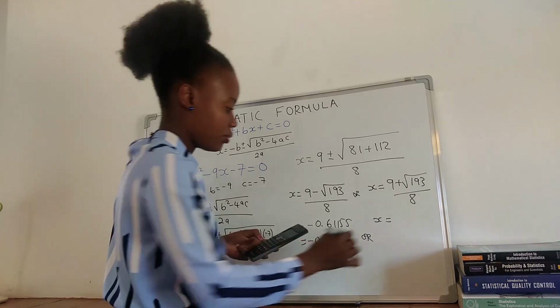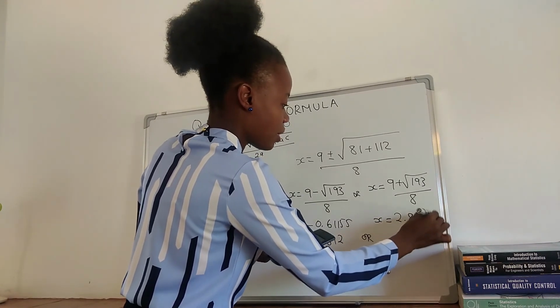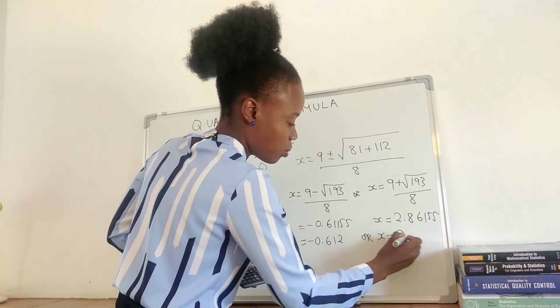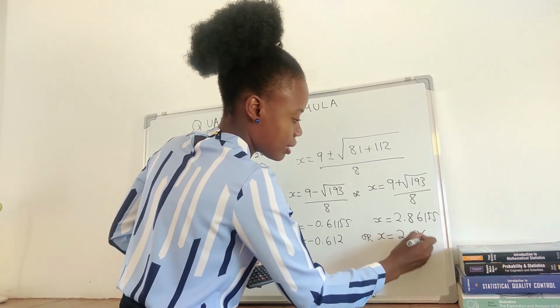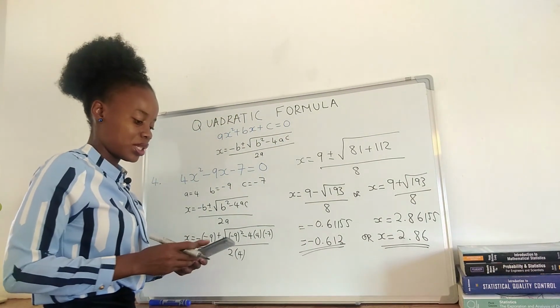We're going to have 2.86155. We round off to 3 significant figures and you're going to have 2.86. So these are your solutions.